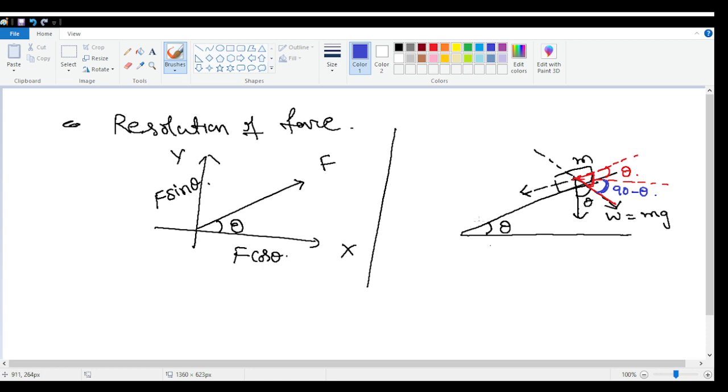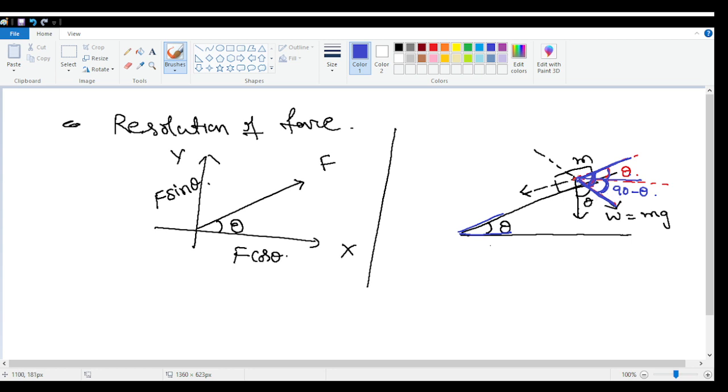Because these two lines make theta, the same angle appears here also. This is theta, but these two lines are perpendicular, so the total angle between them is 90 degrees. This portion is theta, so the remaining angle is 90 minus theta.